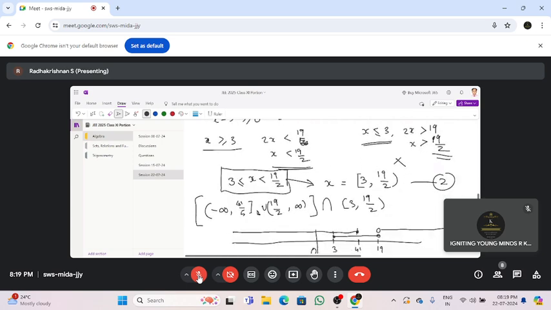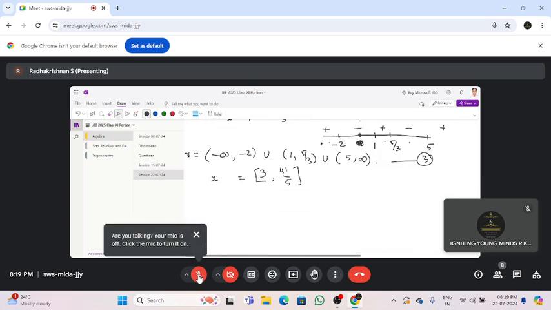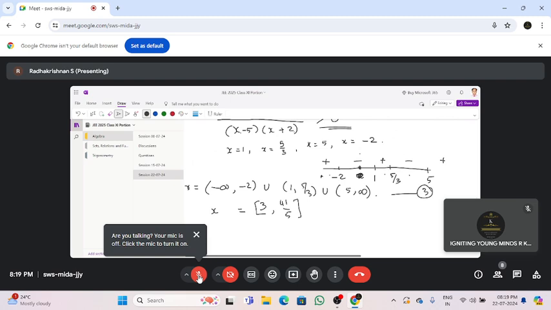So you have to put it again on the number line and see what range of x will satisfy both. Put it on that number line and tell me the intersection of these two.